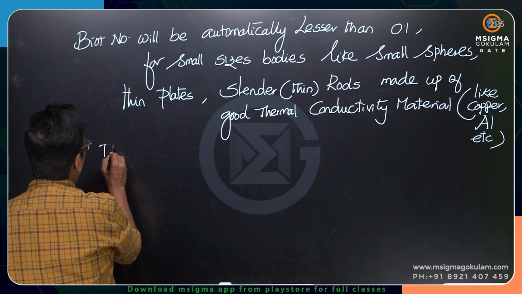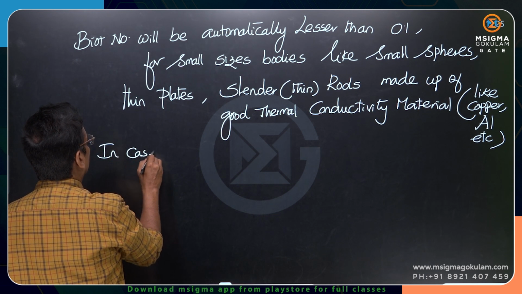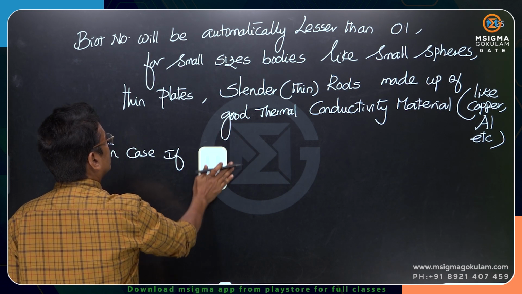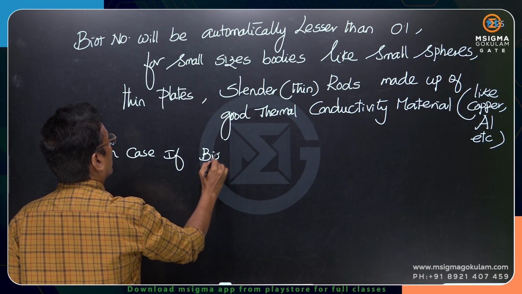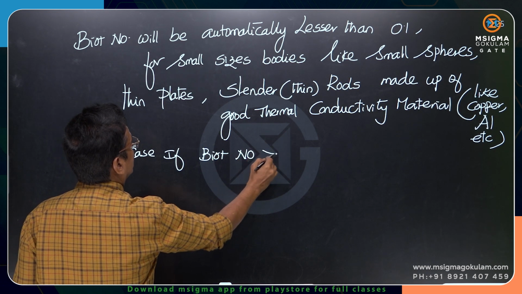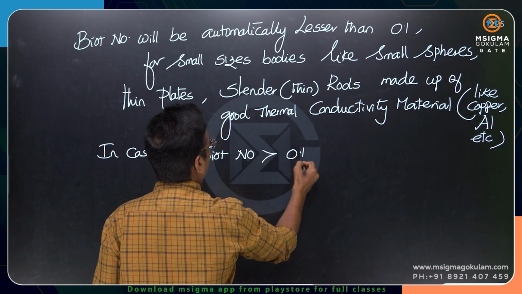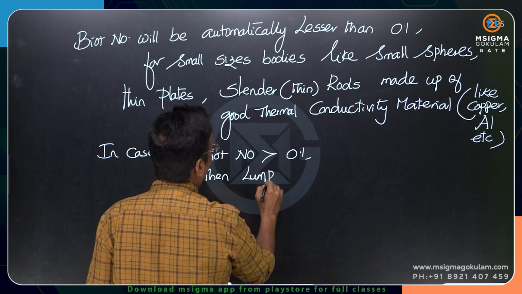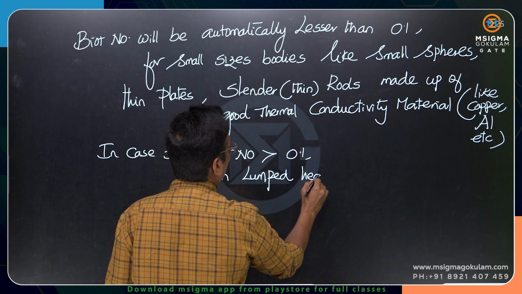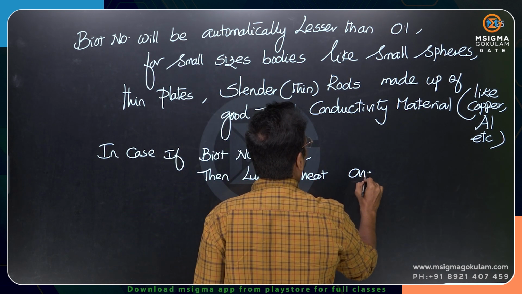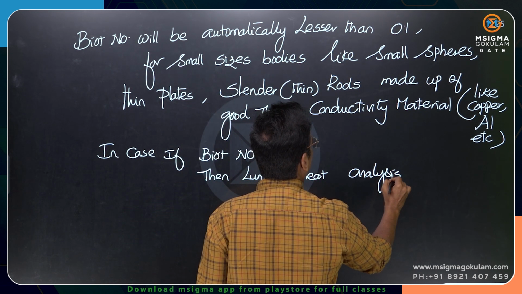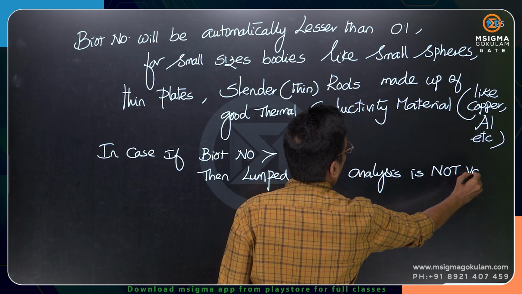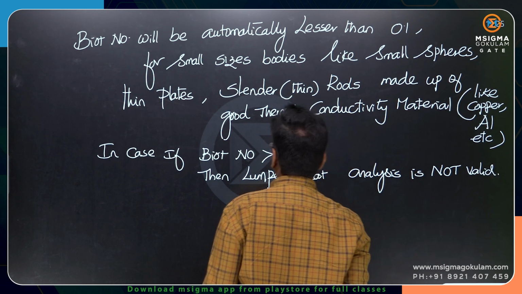In case the Biot number is greater than 0.1, then lumped heat analysis is not valid. Then how to get the temperature?